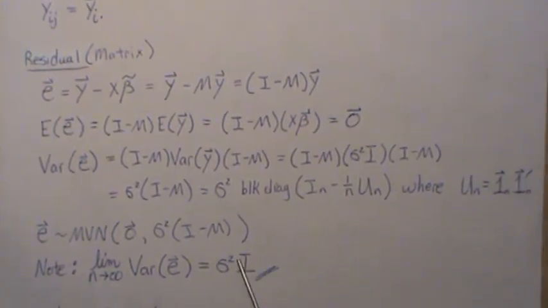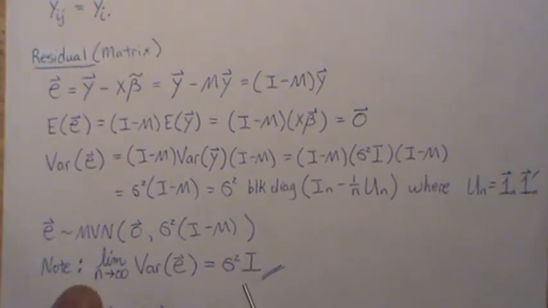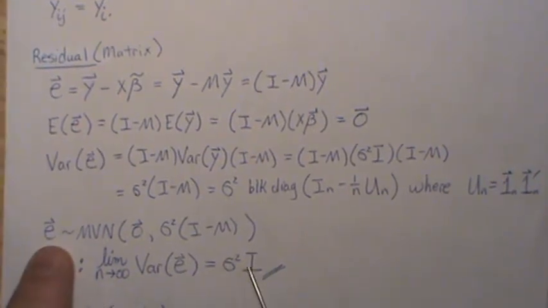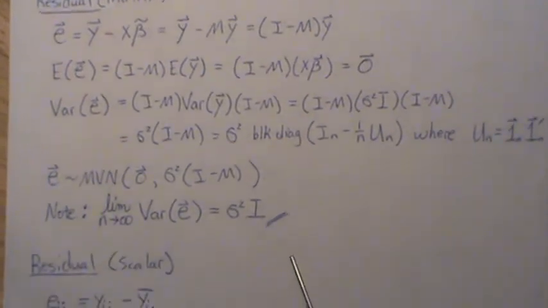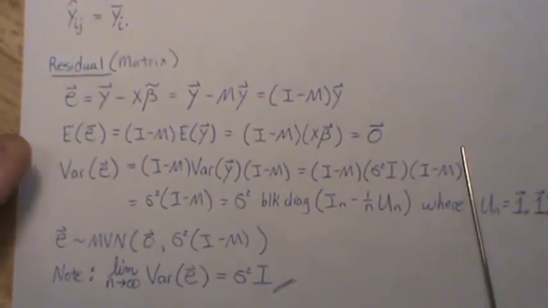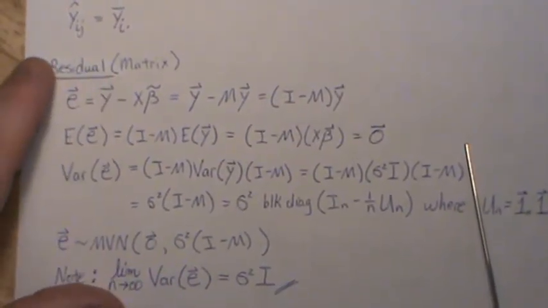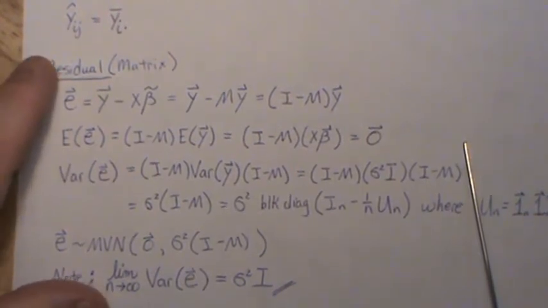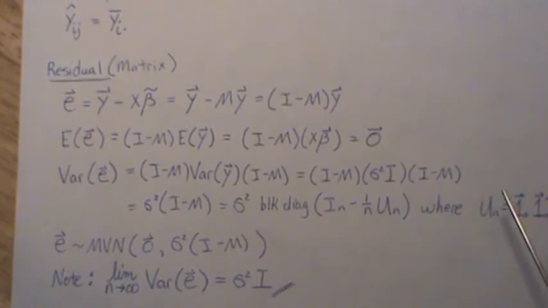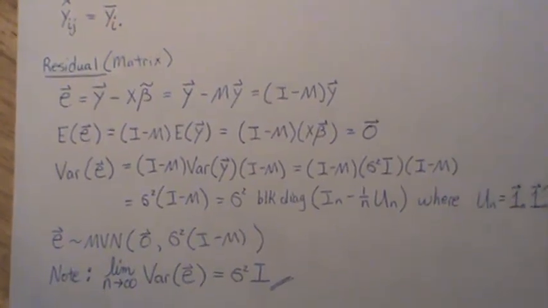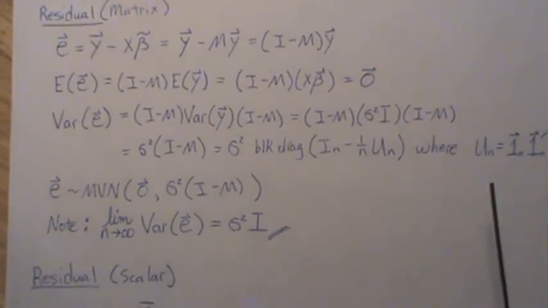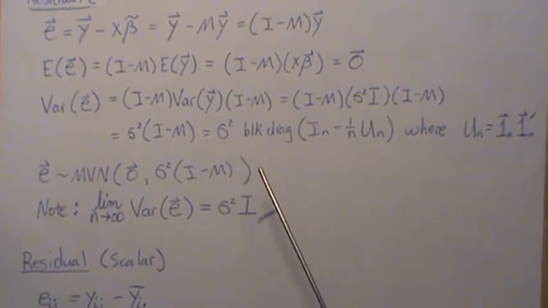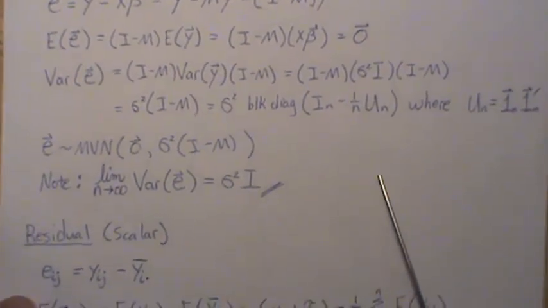So asymptotically, the variance-covariance matrix is sigma squared I. Now, note how much real estate it took to prove the distributional properties in matrix form. It's this. Now we're going to do it in scalar form because I think it's informative, but it'll take a little over a page. And so that's one of the big benefits of the matrix version.